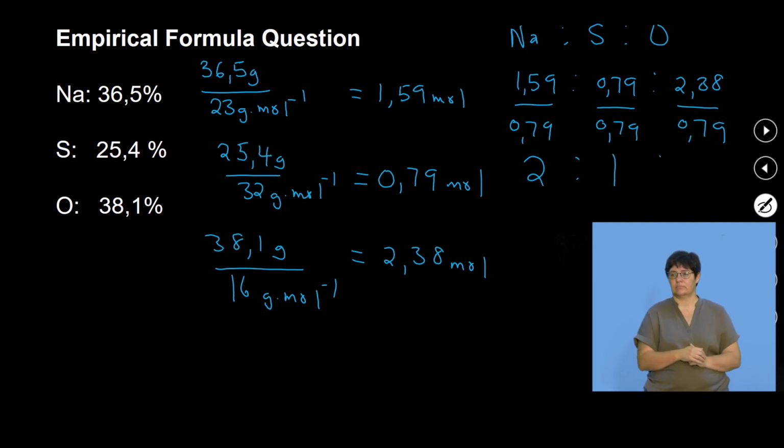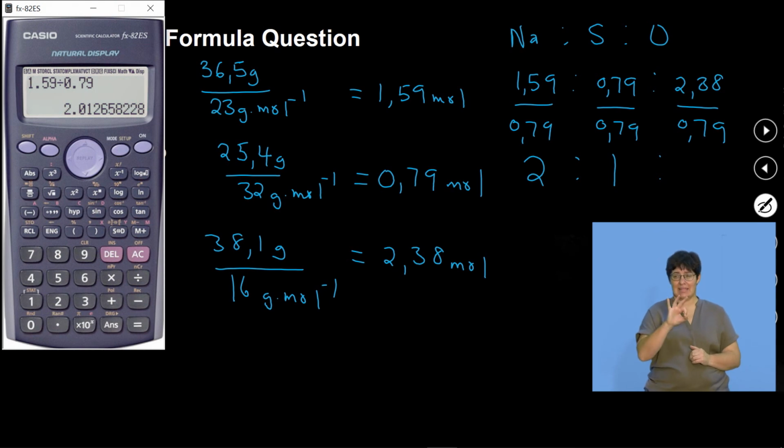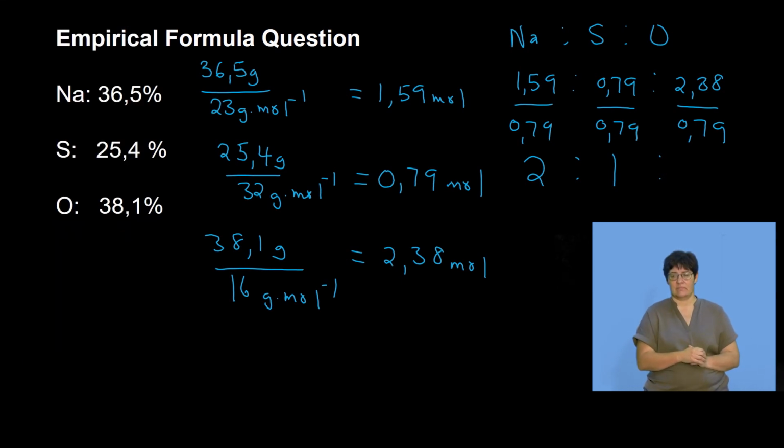Let's simplify the other end, which is 2.38 divided by 0.79. This gives us a 3.